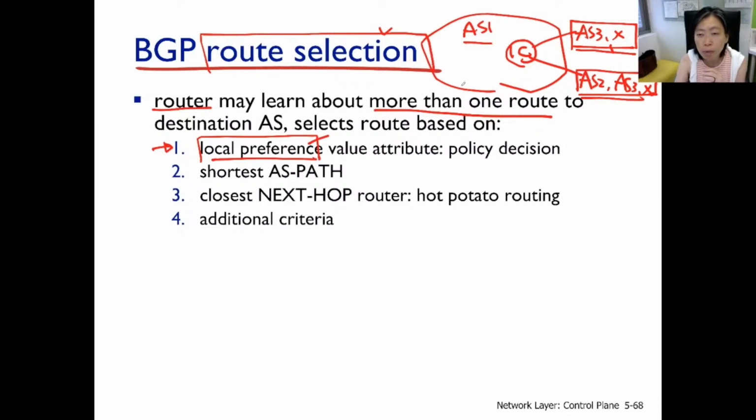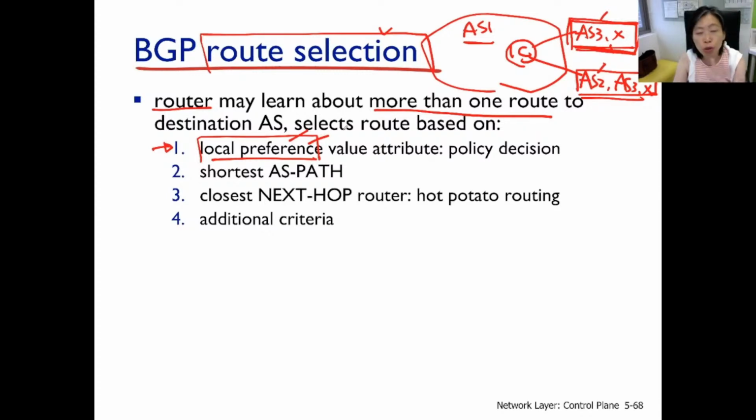So local preference there is usually to indicate, between the two neighboring ASs, AS3 versus AS2, does AS1 prefer forwarding packets to AS3 or AS2? So if AS3 is preferred, AS3's path, so this guy here is going to carry a higher local preference.